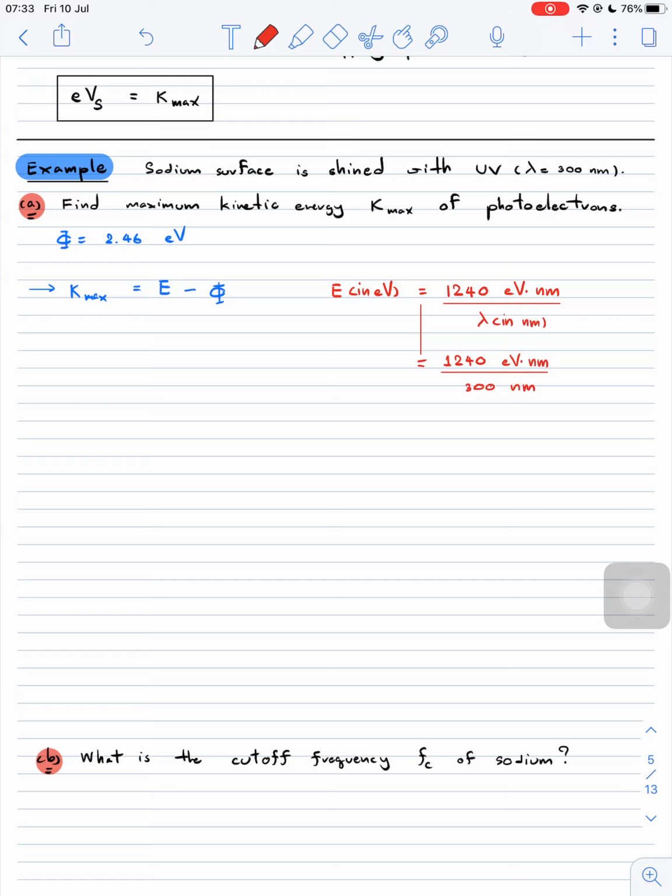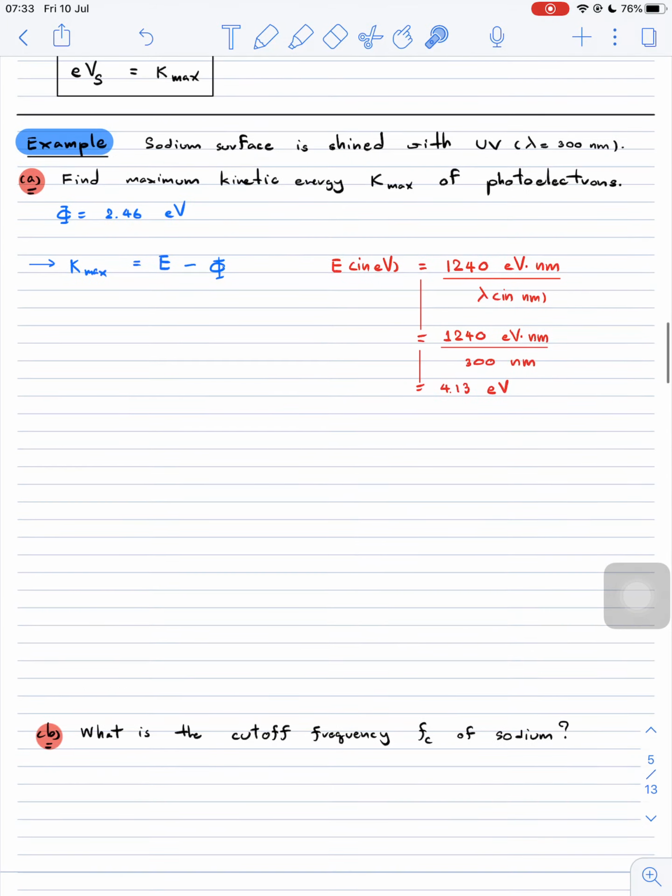Then we get the answer to be 4.13 electron volts. That means the energy of the photon.